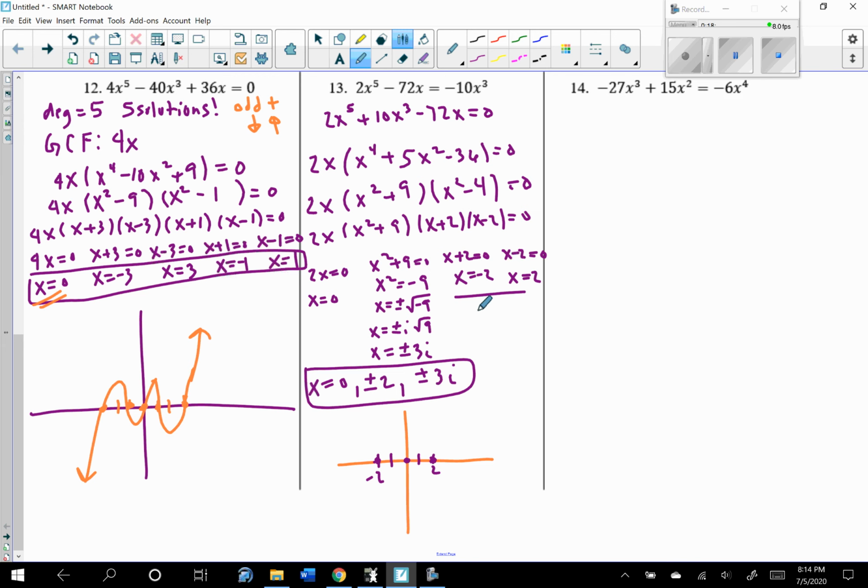And for this, it's again degree 5, which is odd, and the leading coefficient's positive, so left end's down, right end's up. And for this, these are odd multiplicities, so they're going to cross through. So cross, cross, and cross. So this is similar to what your graph would look like even though we have these imaginary solutions.